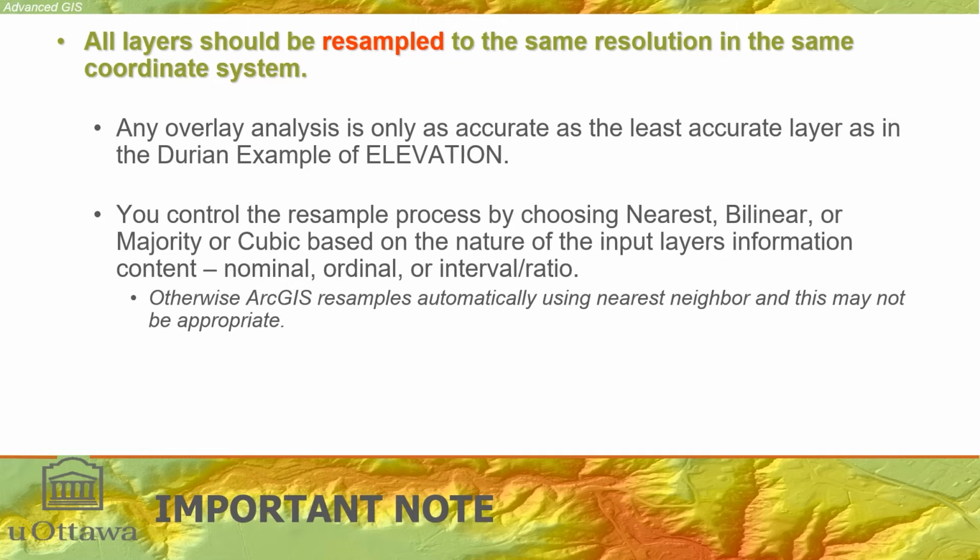We want to use something like bilinear interpolation, which is something that follows the assumption that continuous data is in fact continuously divisible across space. So we must control these things prior to analysis. That means a very large data step in the real world. And this is an example that is a little bit more like the real world in that it has multiple things that have to be done to the data beforehand.